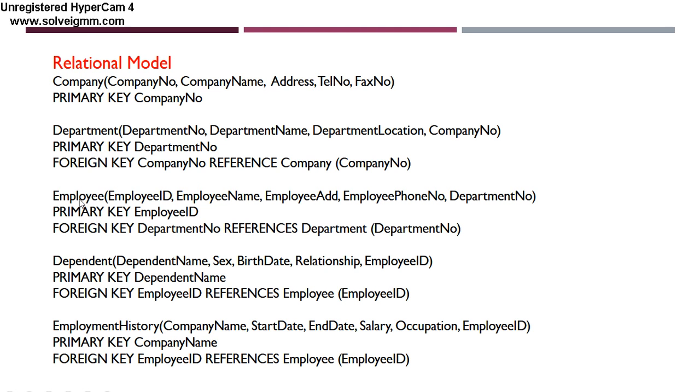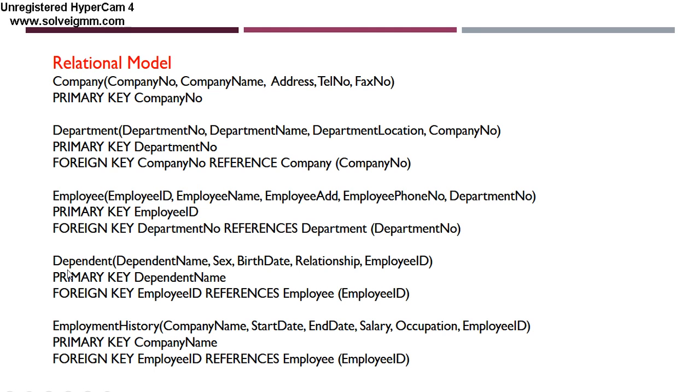For the employee: employee ID, employee name, employee address, employee phone number, department number, which becomes the foreign key, and the primary key is employee ID. Foreign key, department number, referencing department number. The foreign key is the department number because the employee is a weak entity.